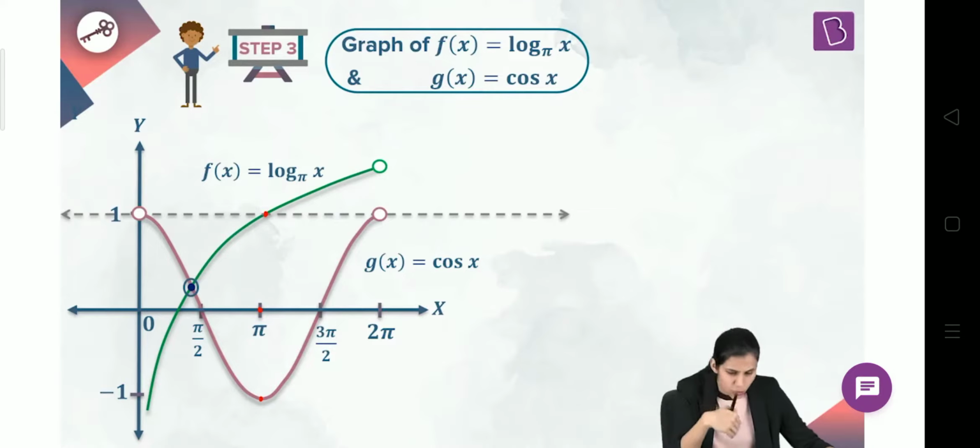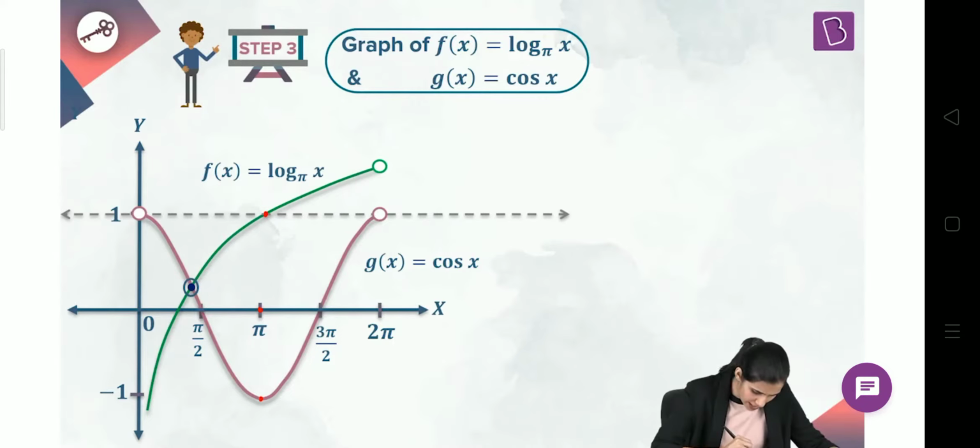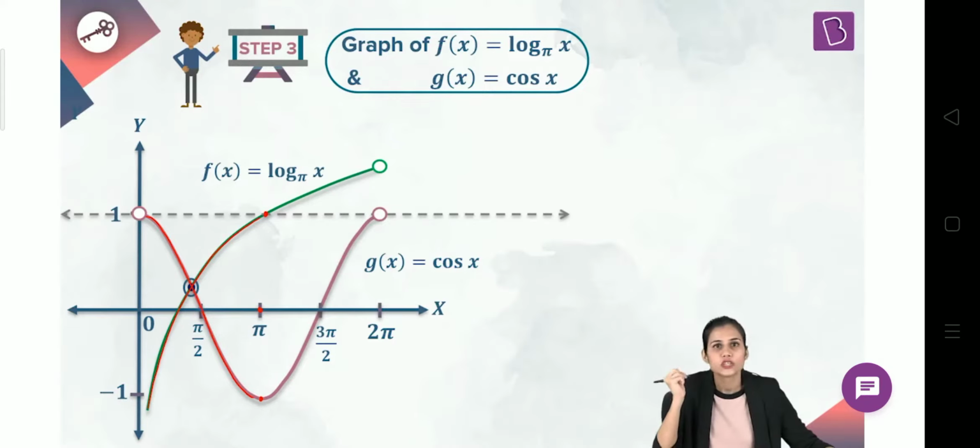Got it? Also, before pi, the behavior of both the graphs is pretty evident over here. One is this and the other is this. So of course, they are going to intersect at a single point, and hence it's justified that in the complete interval (0, 2pi) open, there's exactly one point of intersection of both the graphs.